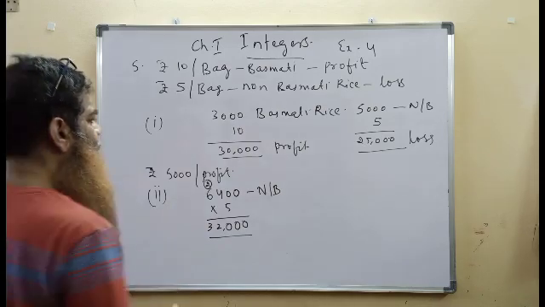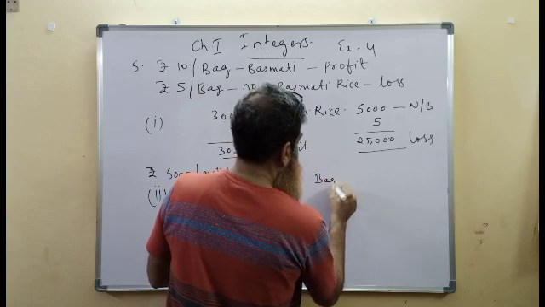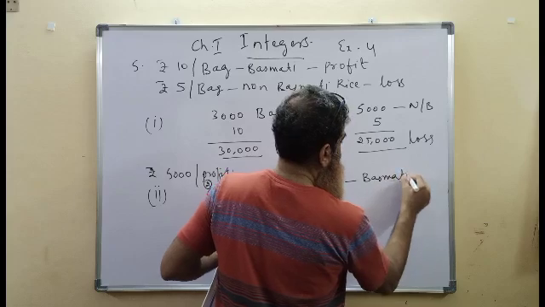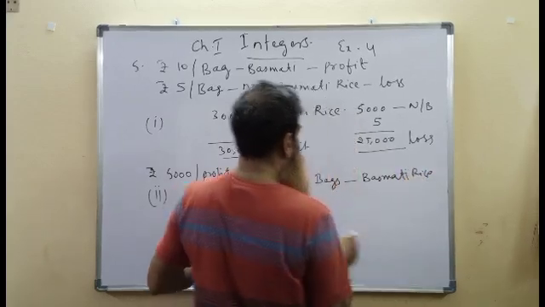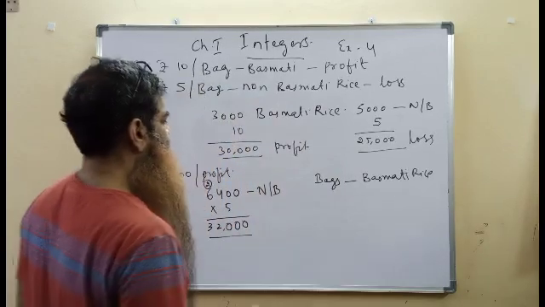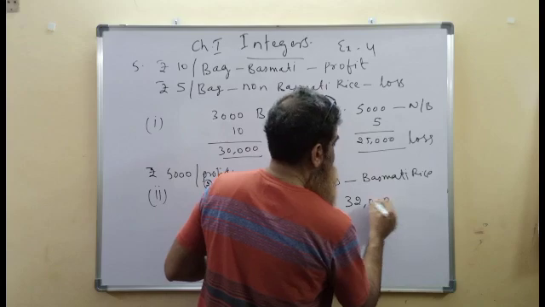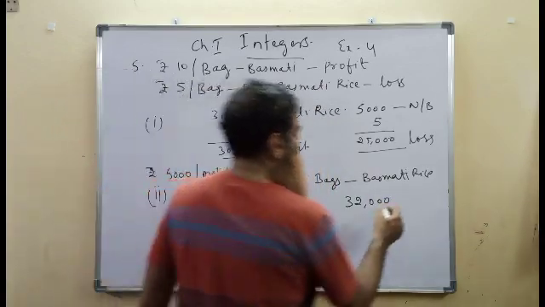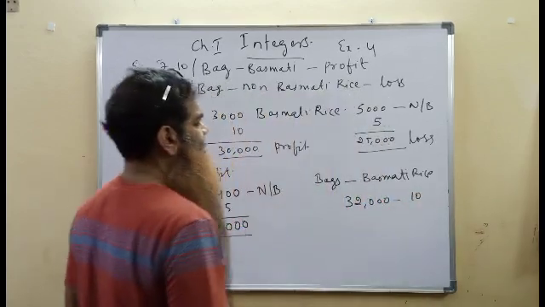Now, how many bags of basmati rice does he need to sell to cover up this much loss? 32,000 of loss he needs to cover up by selling how many basmati rice bags? We know that he sells at a profit of 10 rupees per bag of basmati rice.